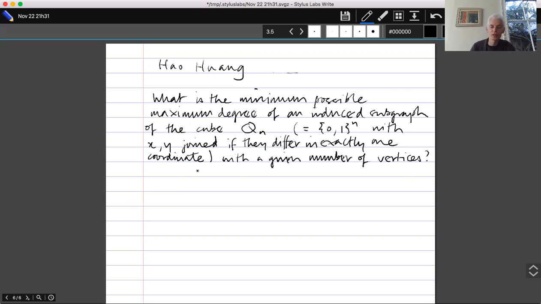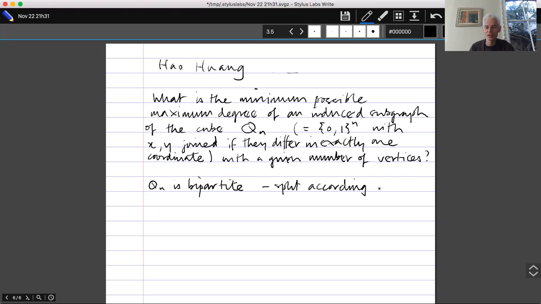But let's just make a couple of remarks about this. The cube is a bipartite graph, because if you have two vectors and the number of ones has the same parity, then they're not joined by an edge, because every time you change one coordinate, the parity of the number of ones changes. So split is a very important fact about the cube.